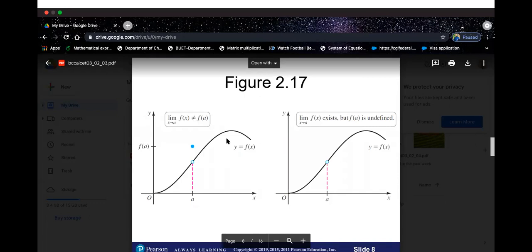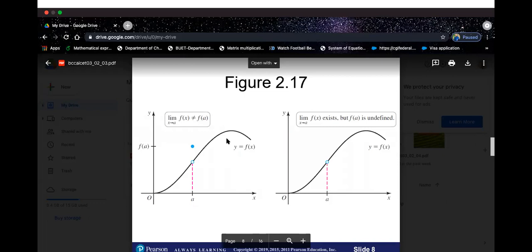I don't think it exists because where it says y equals f of x, the little hump or the curve, goes above our point at f of a. So it's exceeding the limit, so it doesn't exist. Okay, anyone else? I don't think it exists because f of x is not equal to f of a.